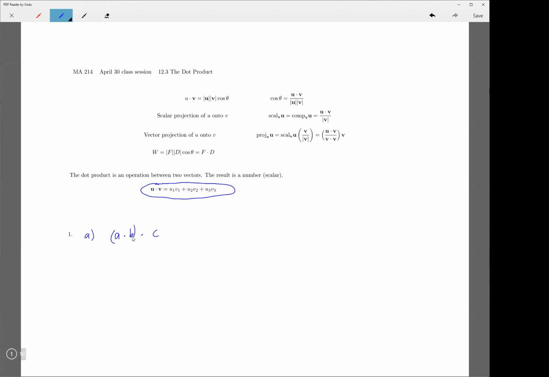And so you can't take the dot product of a scalar and a vector. So this has no meaning because it's the dot product of a scalar and a vector. So that's the answer for the first part.